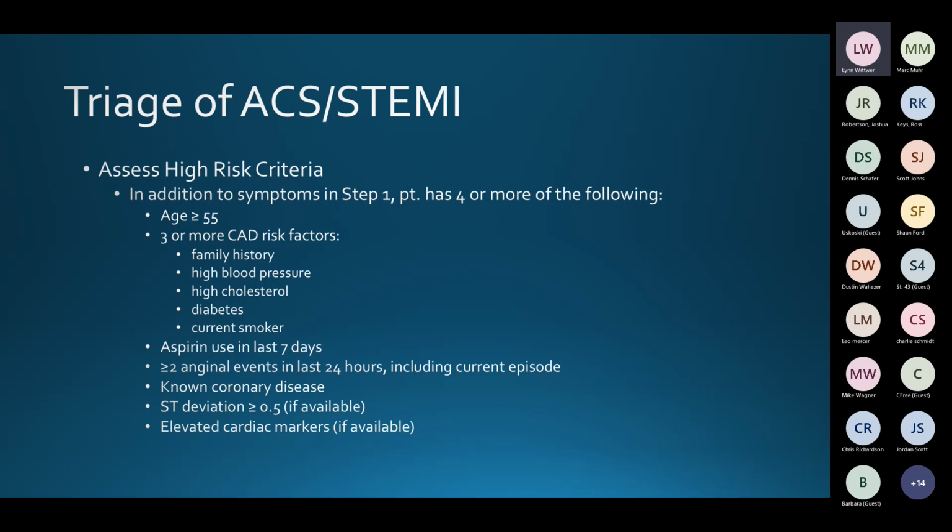But if your patient has 4 points on this scale, they are at increased risk for mortality and probably should be taken to a STEMI capable hospital, because ultimately they're going to end up going to the cath lab.